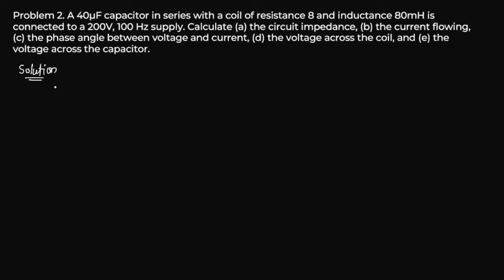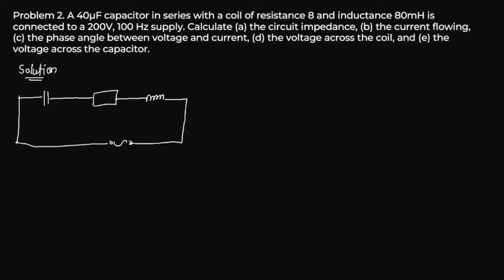Now, unlike in the first example, over here we have a 40 microfarad capacitor connected in series with a coil that has a resistor. So we have our resistor, and then we have our inductance somewhere here, connected in series to an AC source.